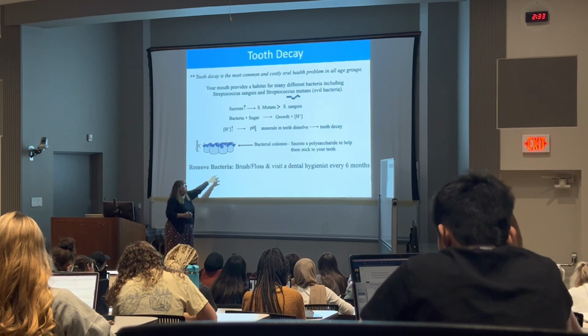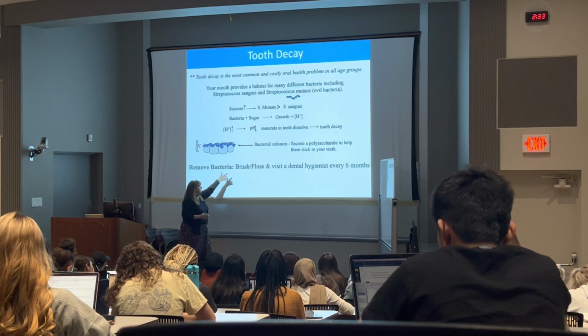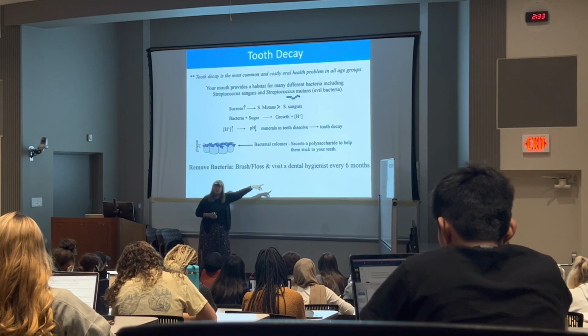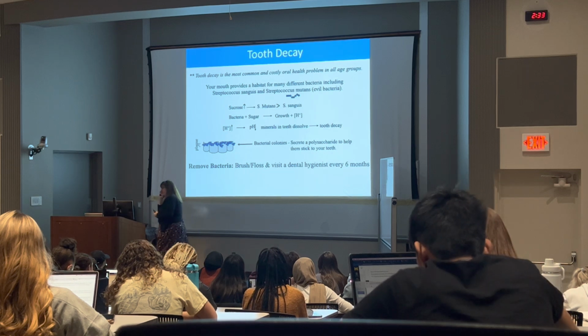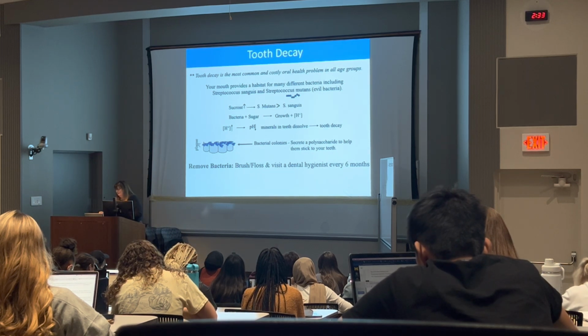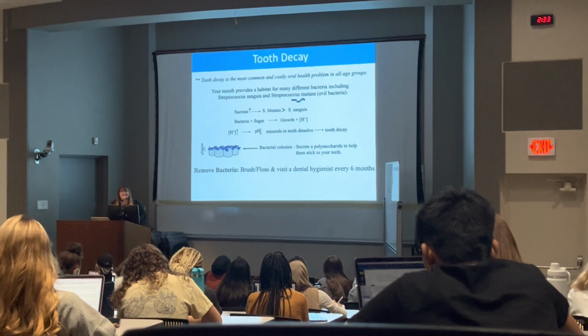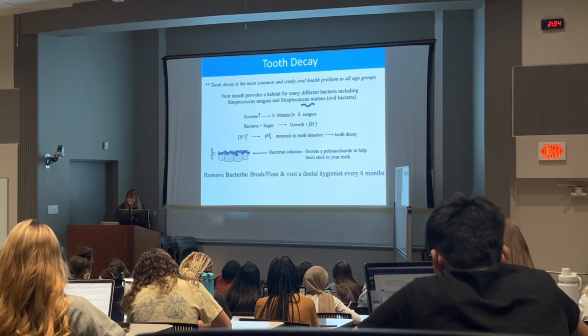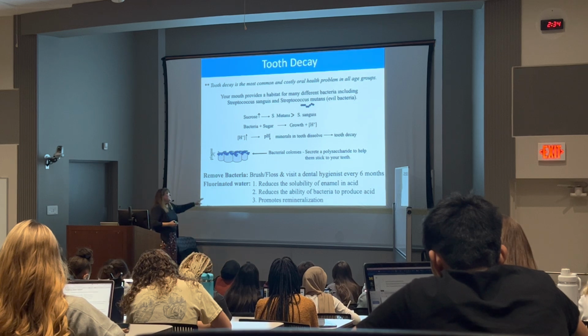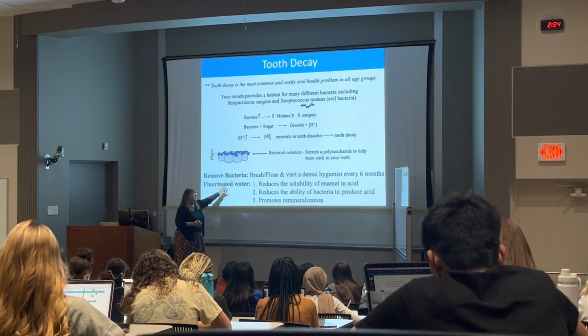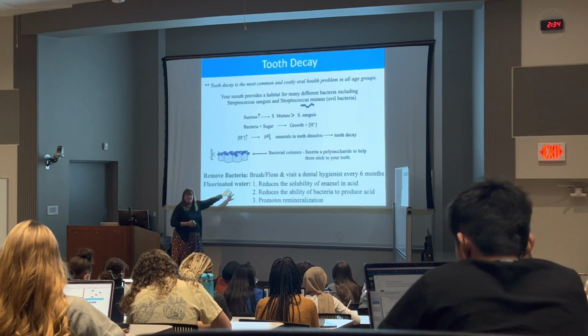So how do we remove our bacteria? Brushing and flossing. Go to the dentist. They recommend going to the dentist every 6 weeks. Or every 6 months, sorry, not 6 weeks. Oh, that would be awful. To get your teeth clean. Also, you brush with fluoride in your toothpaste.